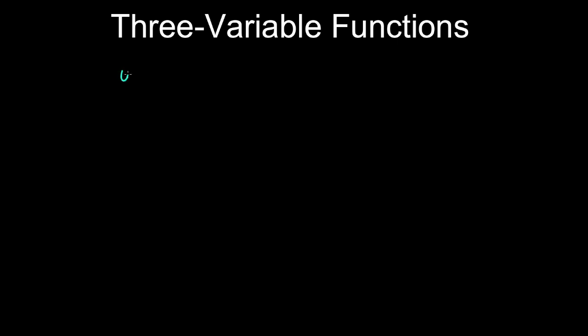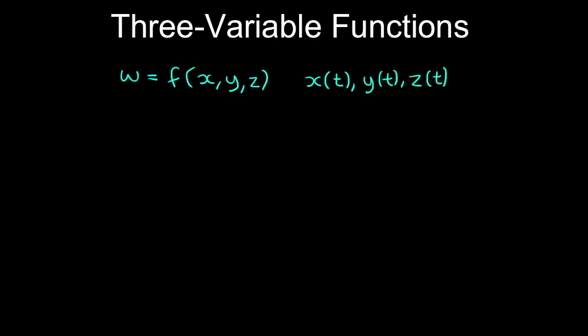Suppose we have a differentiable function of 3 variables, x, y, and z, and x, y, and z are differentiable functions of the variable t. So we have x of t, y of t, and z of t. Then the composite function w is a differentiable function of t.